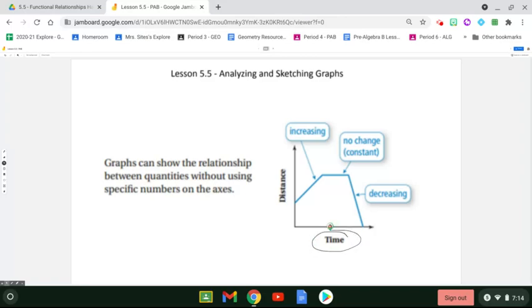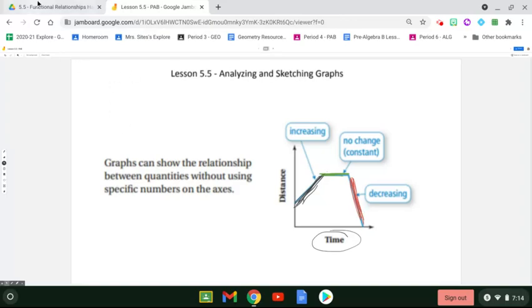Okay, we talked about this yesterday. If you see something linear, it's going to be happening at a steady rate. So this one is increasing at a steady rate. When you have a flat line, this is a constant rate. And then when you have something that is going downhill, this is decreasing at a steady rate.